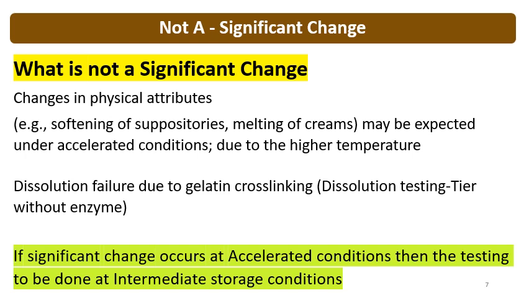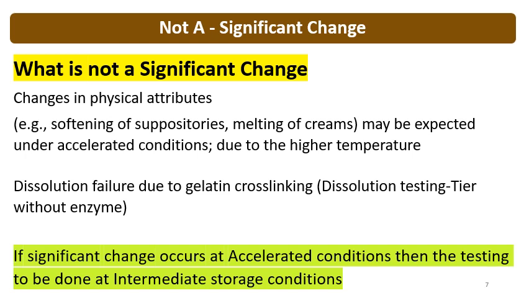So if the changes are only due to the nature of the formulation, or due to the storage of the formulation at accelerated condition, considering the formulation design and the API properties, that time the change will not be considered as significant. The example is change in the physical attributes of suppositories, like melting of the suppositories, melting or phase separation of the creams, phase separation of emulsions.